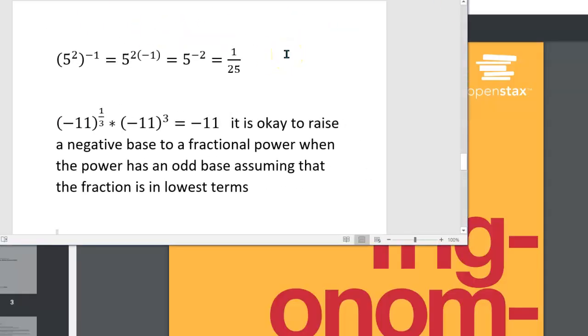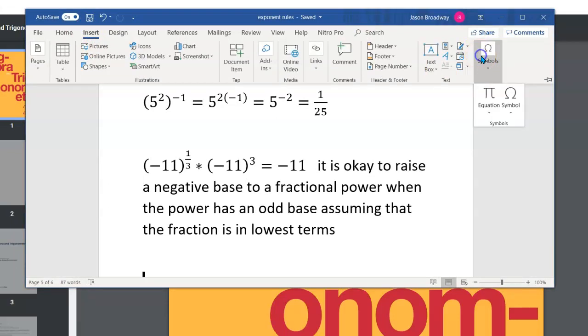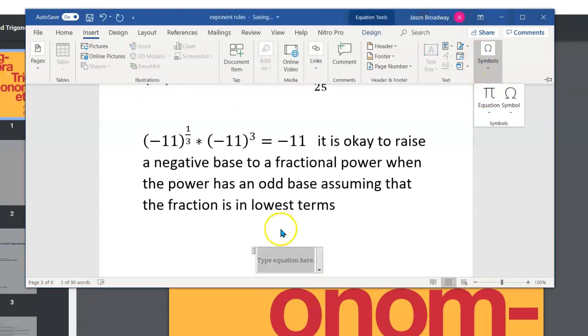The irrational power is a little harder to explain, but I'll show you what rational powers mean when they're not integers. We already know negative powers are reciprocals, but if we have rational powers, how do we deal with that?